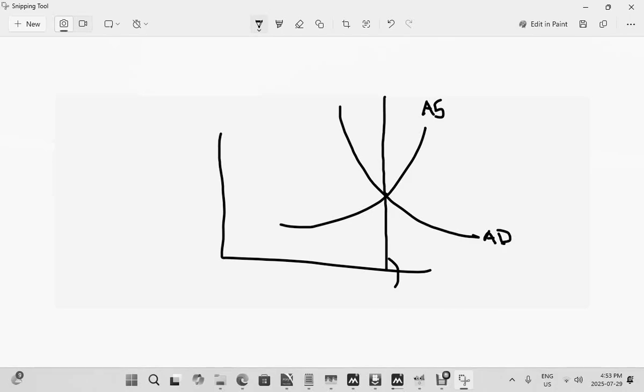This is the vertical line, which represents full employment, which basically means that the suppliers and the employers are able to produce at full capacity without putting too much pressure on the resources, such as labor, machinery, and so forth. So this is full employment.